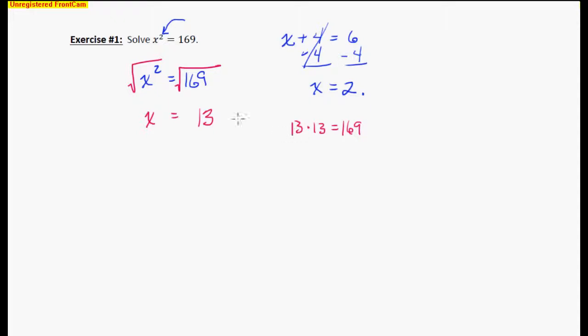Or you could also have a negative 13, because if I take a negative times a negative, I also get a positive. So I'm going to write positive or negative. That little symbol right there means positive 13 or negative 13. Either one of those will work. So there it is, I've solved for x. It's really that simple.